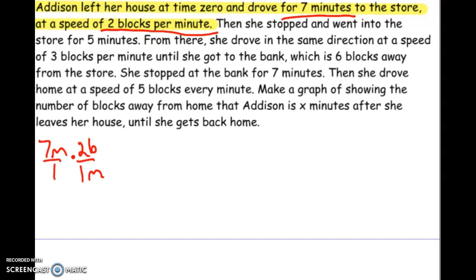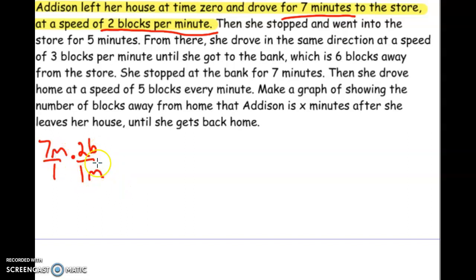Okay, so this is what you do. I am putting M for minutes and B for blocks. I've got 7 minutes over 1, just making it a fraction. We know it's 7 minutes, and it's 2 blocks per minute. So that per allows you to put the division here: 2 B's, which is 2 blocks, over 1 minute.